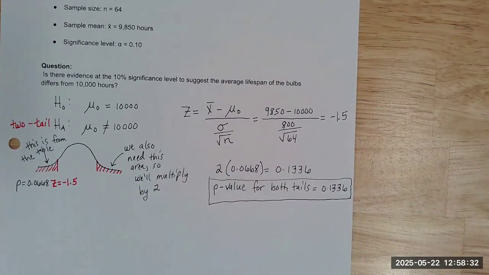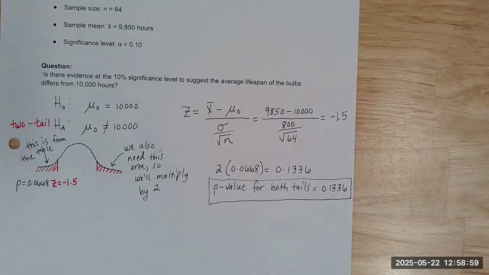All right. So what am I concluding? Am I rejecting the null hypothesis or am I not rejecting the null? So we're taking a look at our significance level, which was 0.10.